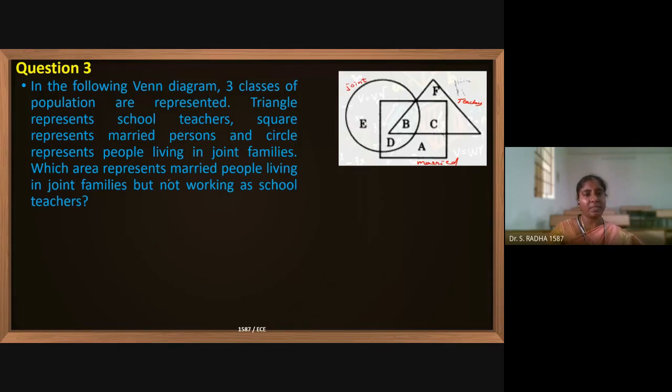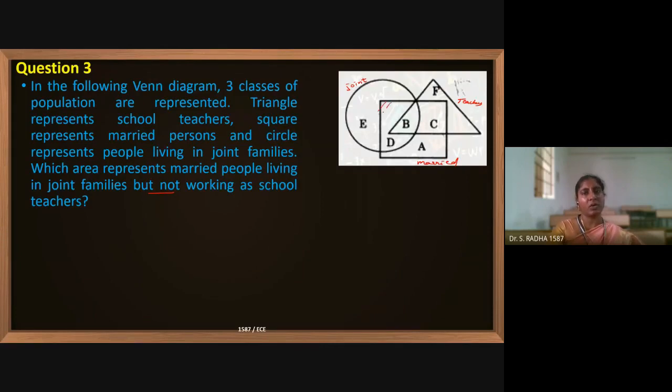Which area represents married people living in joint families but not working as school teachers? Okay, school teachers should not come, which means the triangle should not come at all. So married people who are living in joint families. If you are getting the answer, kindly post in the chat box.